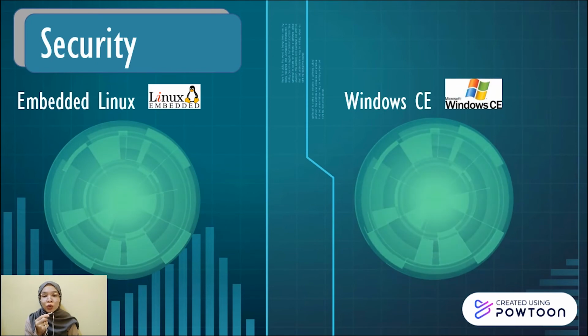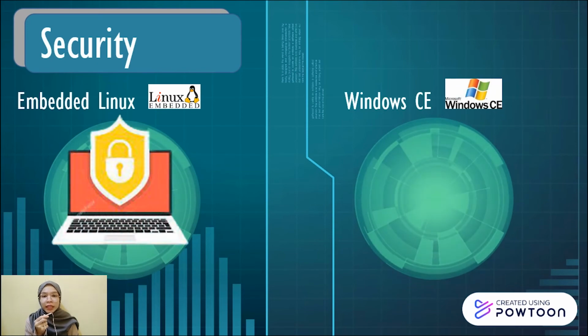Embedded Linux is also more secure than Windows CE, as hackers will find it difficult to break through embedded Linux. This is simply because embedded Linux has various advantages that make it less prone to viruses. For example, with account privilege, embedded Linux can protect its core processors from unauthorized access.